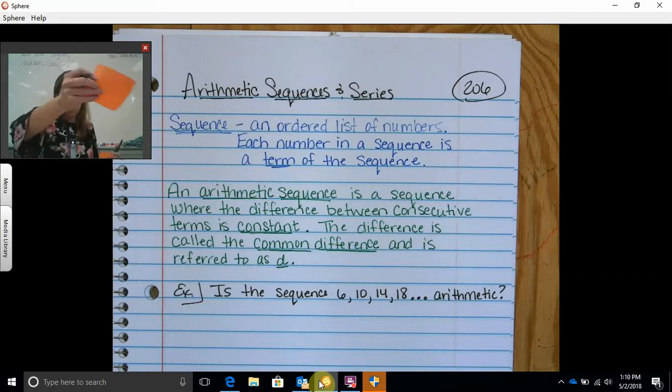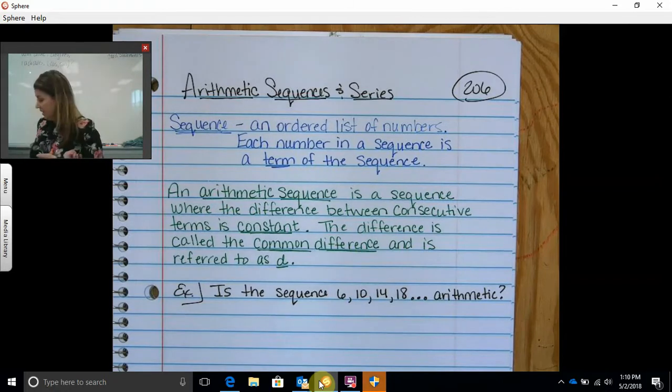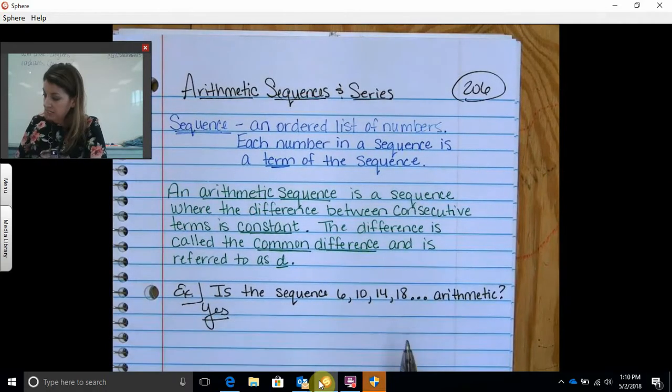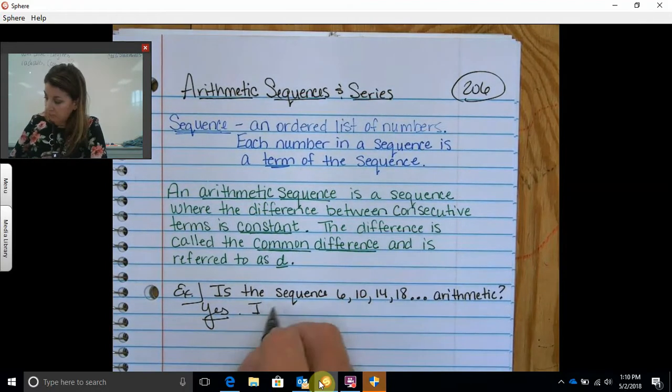So what do y'all say, yes or no? Yes, it is arithmetic. Okay, so what is the common difference? 4.